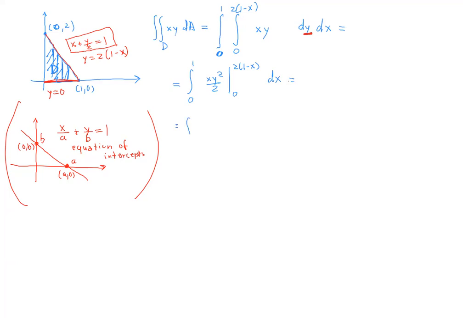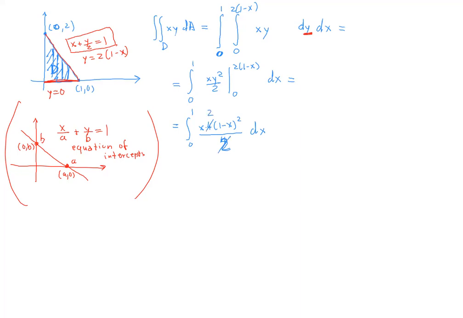And this is going to be the integral from 0 to 1 of x. So when you plug in 2 times 1 minus x squared, you will get 4 times 1 minus x squared over 2. I'm sorry, the x doesn't change. It's a pretty straightforward integral, but let's finish the integration.